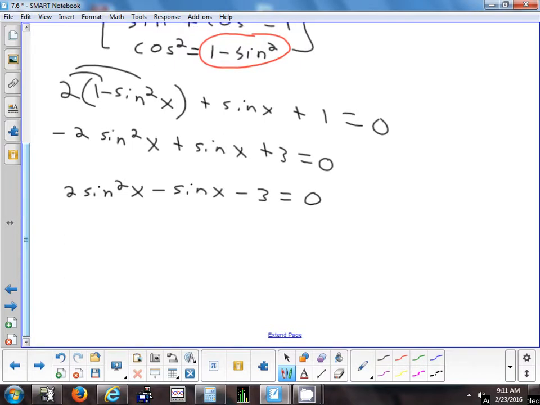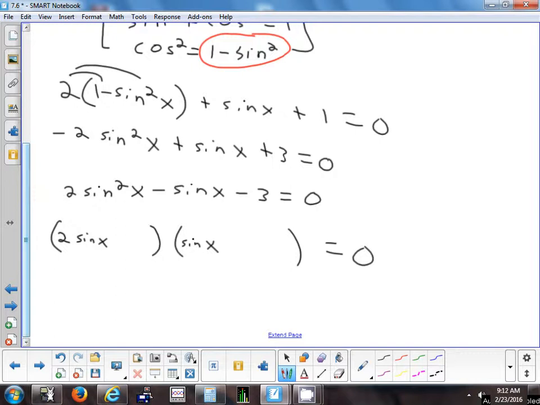All right, now let's see if we can factor. My first terms here would be 2 sine x and sine x, because 2 sine x times sine x would be 2 sine squared x.